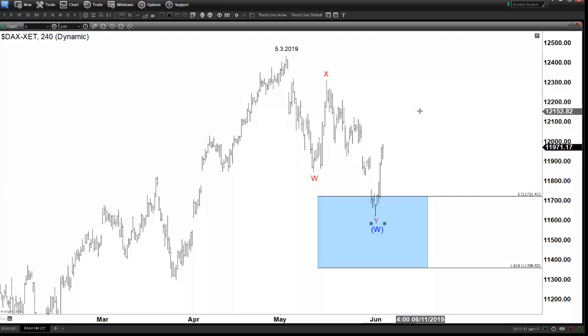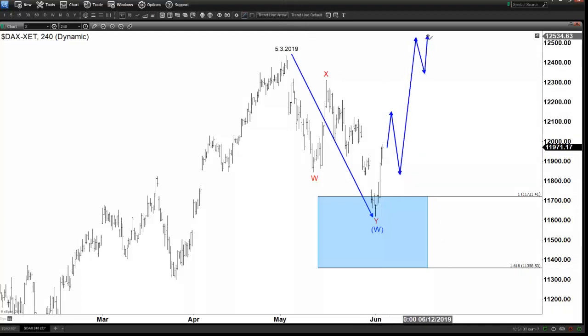So we have not broken that trend yet, at least, and therefore, since we ended the cycle in 3 swings, there is no guarantee we're going to get another leg lower. I mean, we might as well start a new bullish cycle here, maybe 1, 2, 3 like this, 4, 5, which is possible.